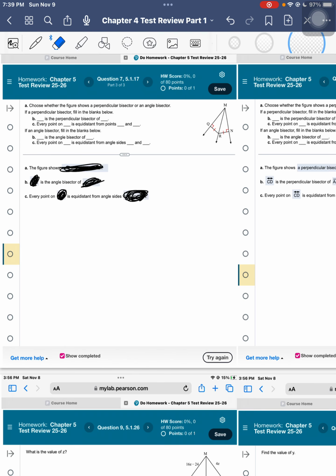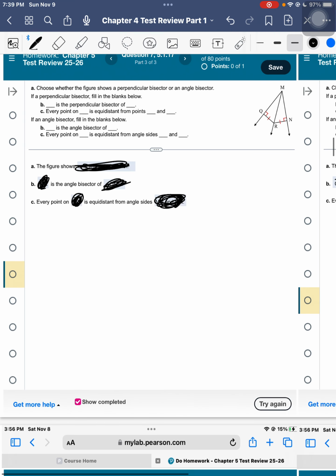The figure shows blank. So what is this figure showing? This figure is showing an angle. Look, this angle QMN is being bisected. How do I know that this angle is being bisected? They don't have the little arc.